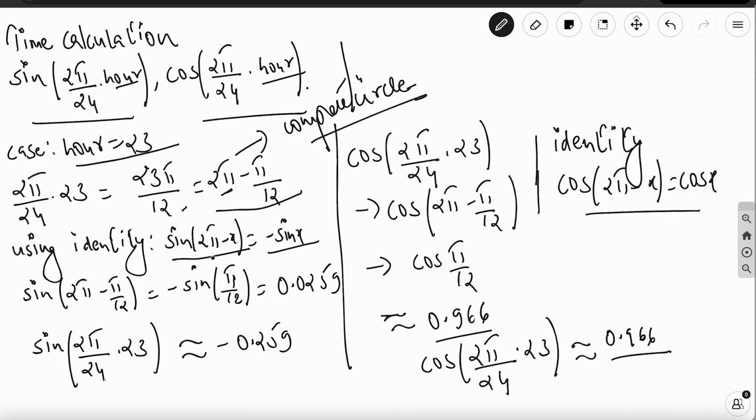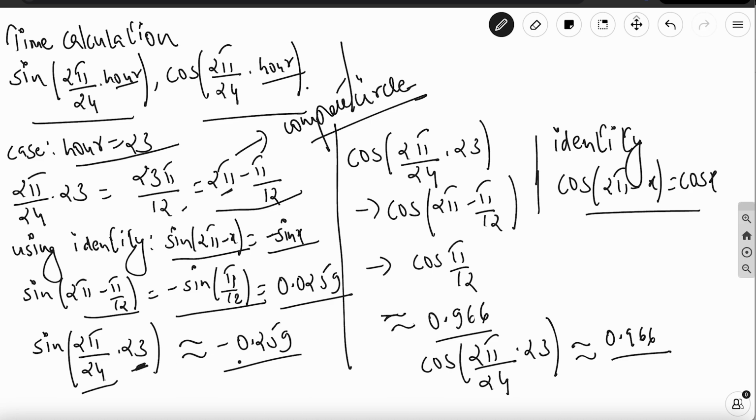So it finally comes as minus of sine pi by 12, which we know by calculation is 0.259. So sine of 2 pi upon 24 into the 23rd hour is approximately minus 0.259.